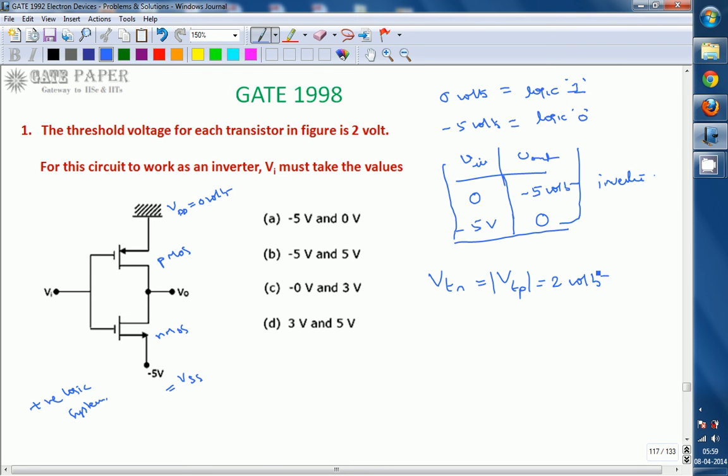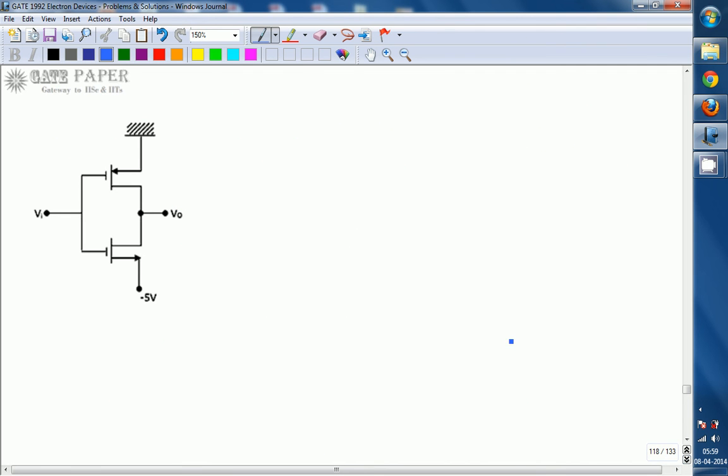We know that the threshold voltages of NMOS and PMOS are opposite. For NMOS the threshold voltage is positive, for PMOS the threshold voltage is negative. So VTN is equal to the modulus of VTP, given as 2 volts. If a transistor has to be in the on condition, it must be in saturation.